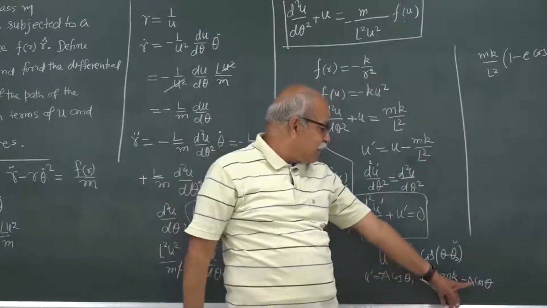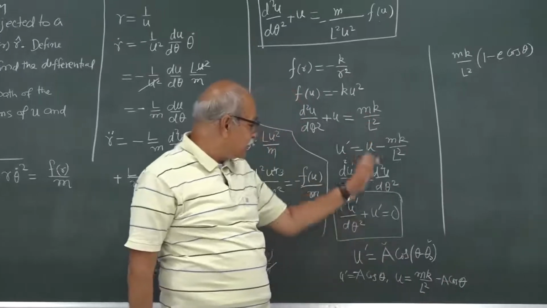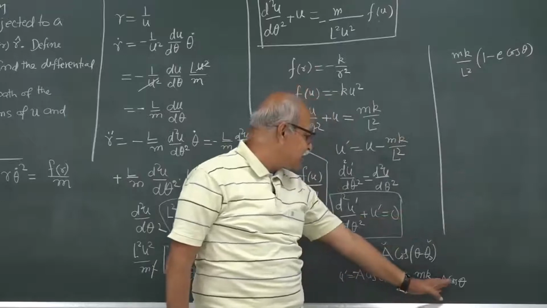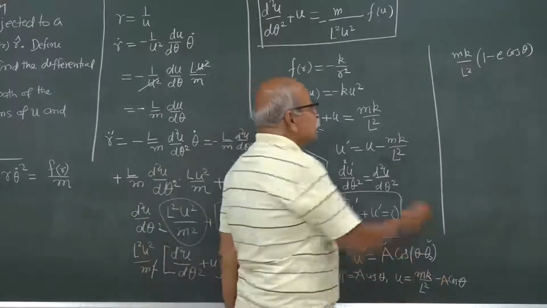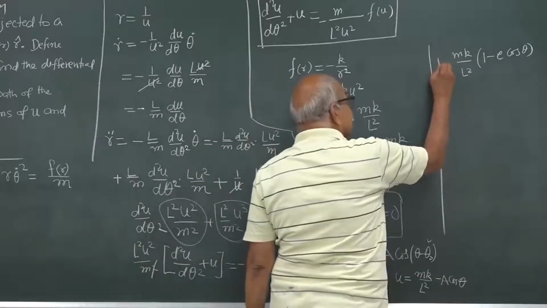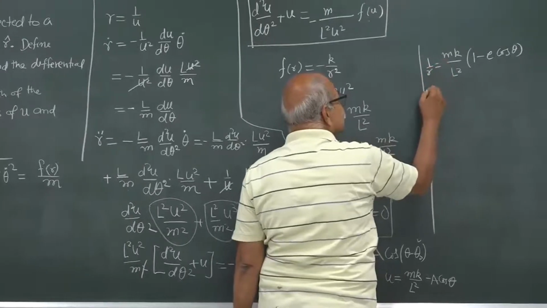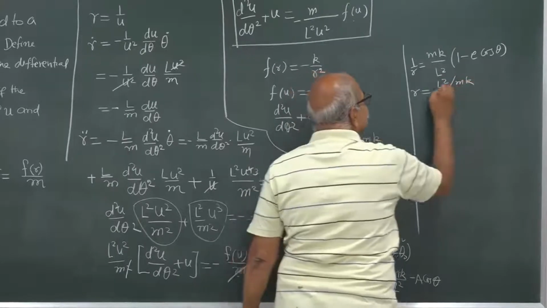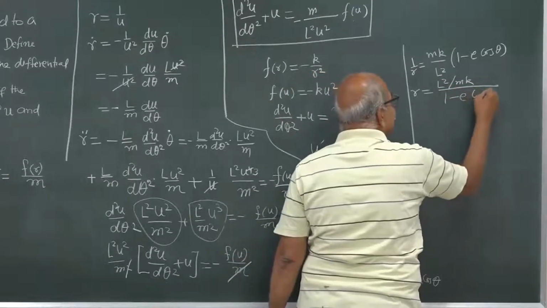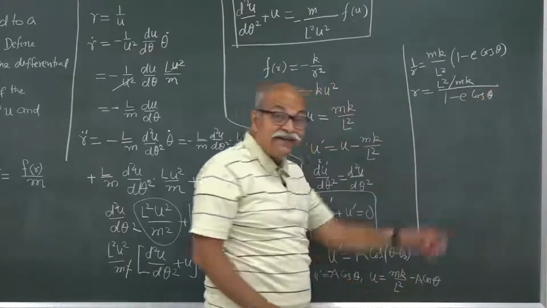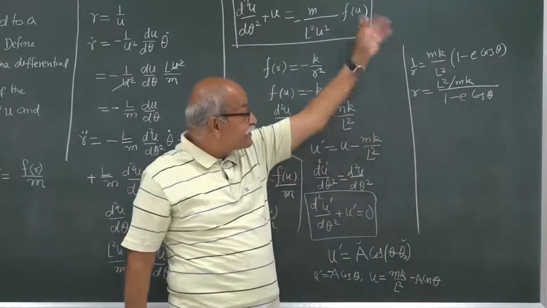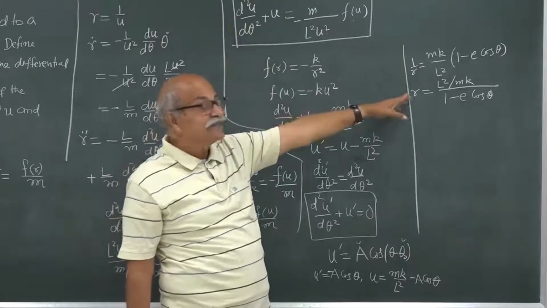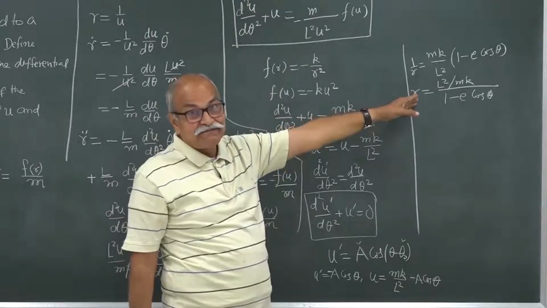This is just a constant which is coming from this integration. So, this is another constant in terms of this and other quantities, and this is 1 by r. Therefore, r is L square by mk divided by 1 minus e cos theta. That is what we had told, that by integrations of that r dot, theta dot, all those things, you can get this equation of path.